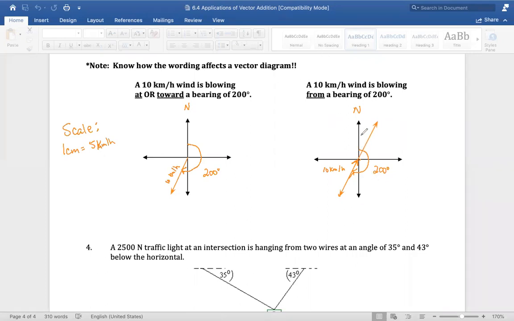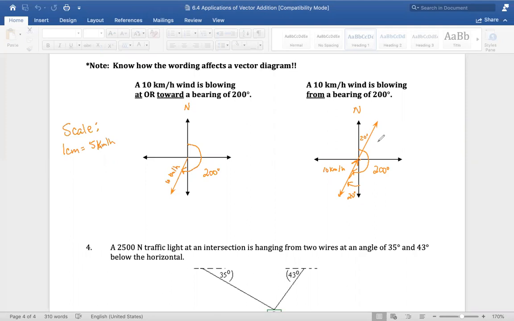So again, if I went all the way around here, this would be 90 degrees, this is 180 degrees, and then to get from 180 to 200, I was drawing in an extra 20 degrees, which means that this angle here, due to the opposite angle theorem, would also be 20 degrees.